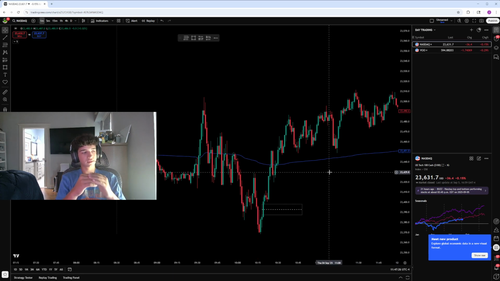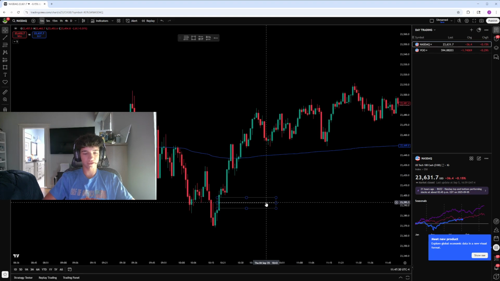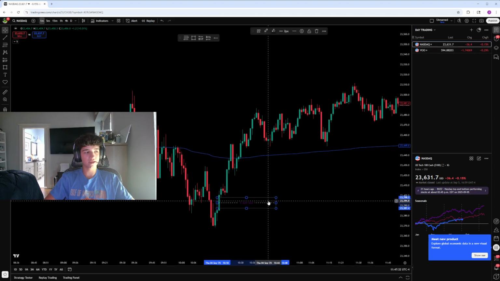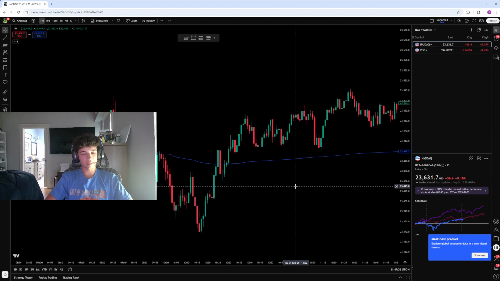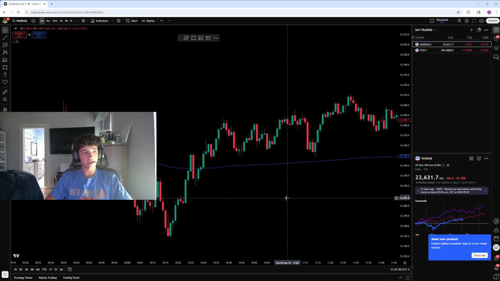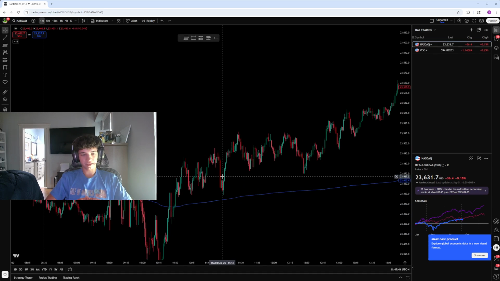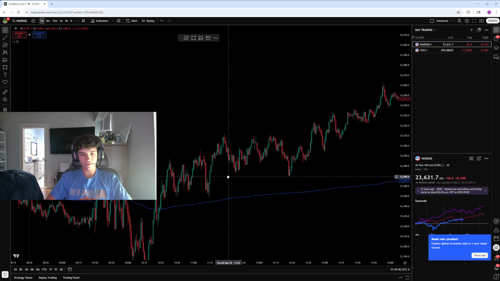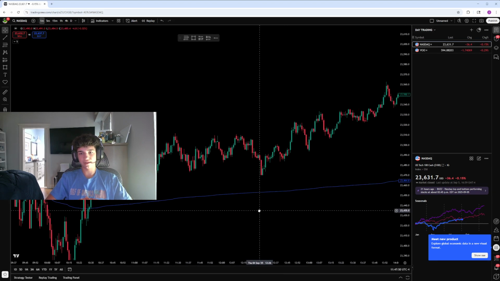You have to wait for the candle to close below that line or above that imaginary line to know where price is going. So this is kind of like another break of structure. As you can see, we broke above that fair value gap and continued higher. So it can be a big sign.